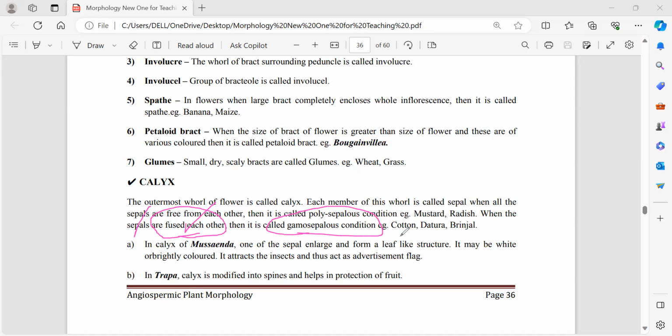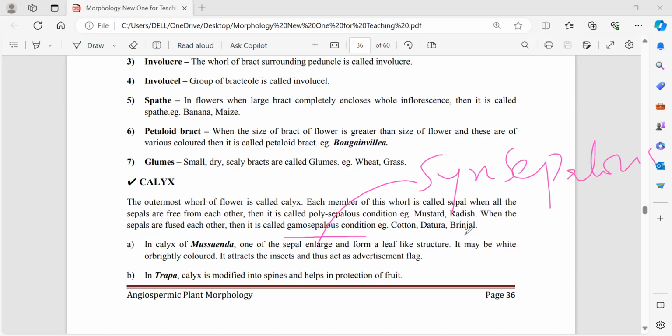For example, it is present in cotton, datura and brinjal. In brinjal we see it every day in kitchen gardens: the sepals form a tube, and there is also a corolla tube there. This condition is called gamosepalous condition. Gamosepalous condition can also be called synsepalous.